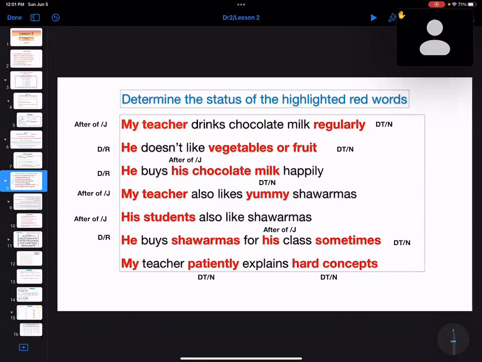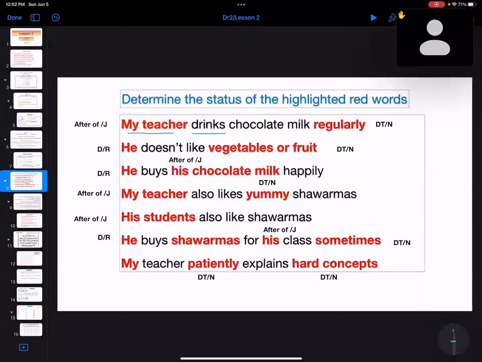Okay, so now let's see more examples. My teacher drinks chocolate milk regularly. Now, what is the action? Drinks. Who did that? My teacher. So what should be the status of the teacher? Jar?